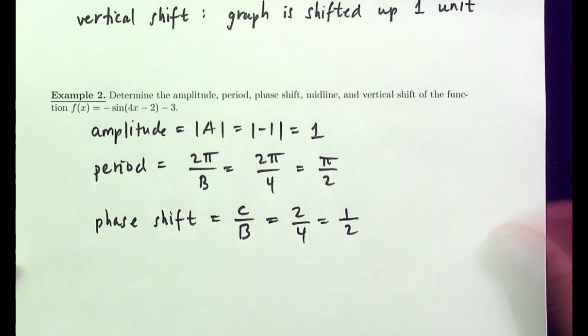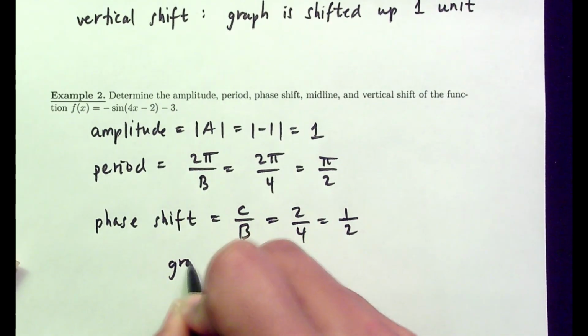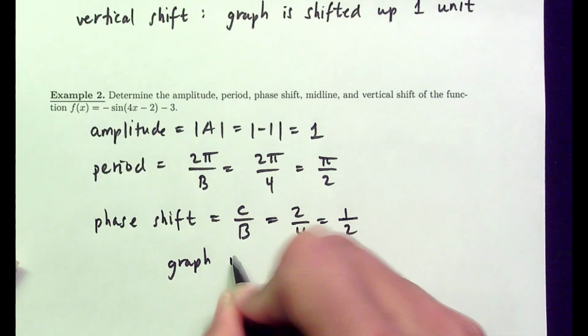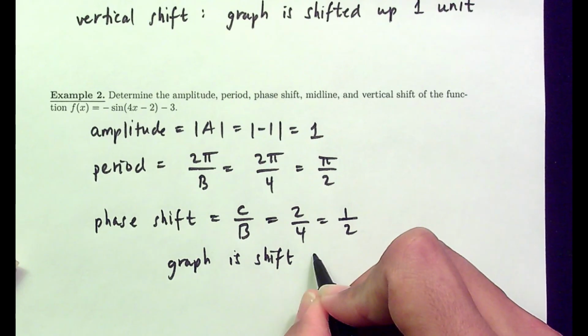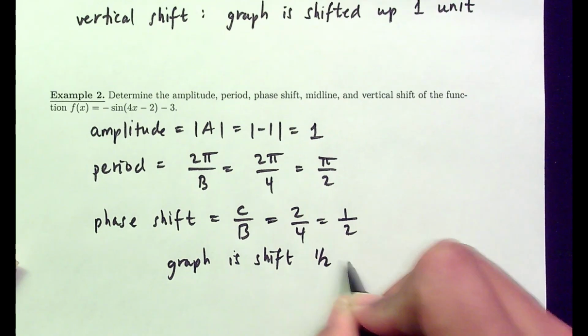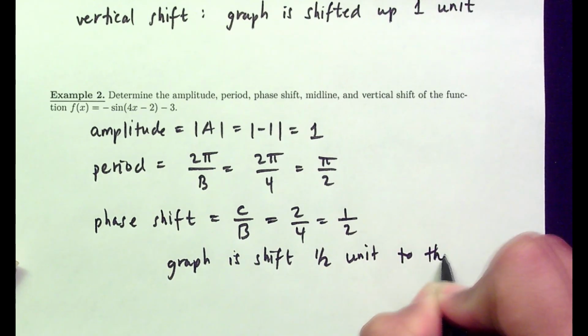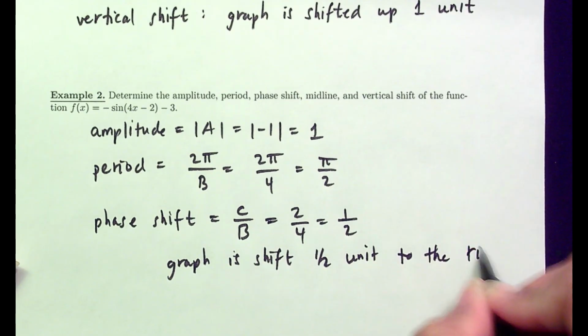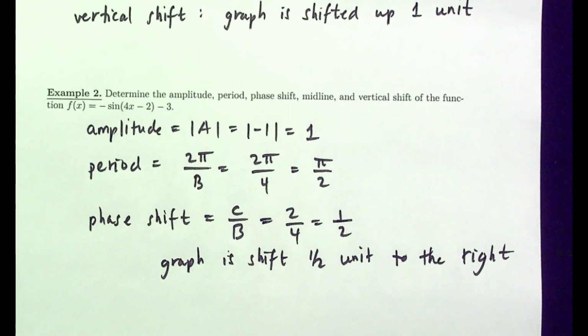So in words, this means that the original basic graph is shifted half a unit to the left. I mean to the right, because it's positive. Or shifted to the right half a unit.